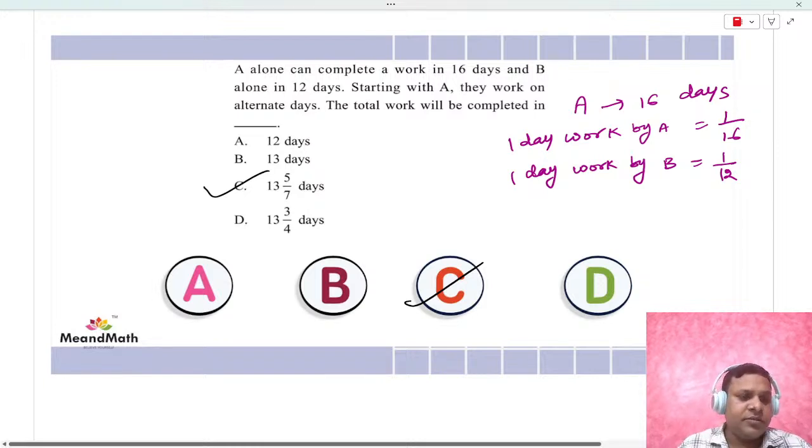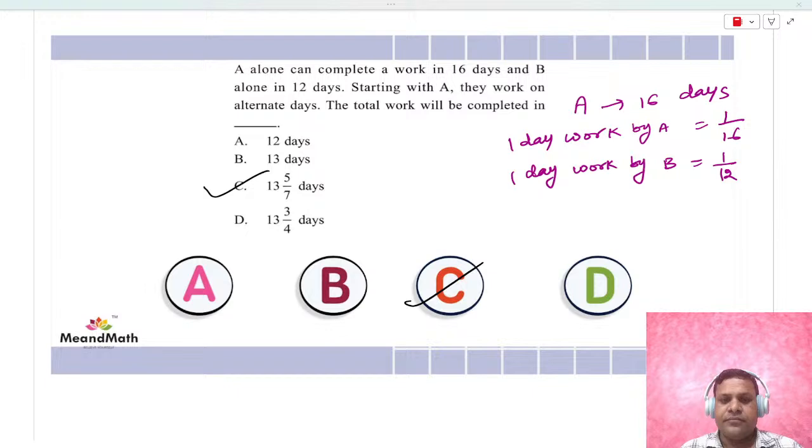So say in the chat box, is it clear or not? चलो move करें next question के लिए. Let's move to the next question.